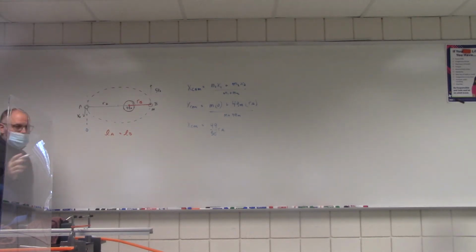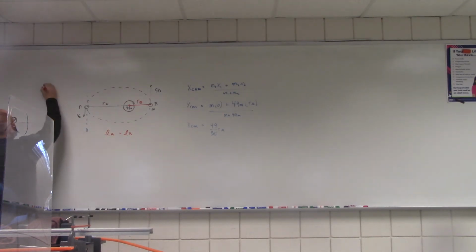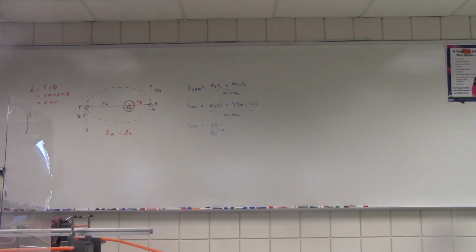Angular momentum, you can find it a couple different ways. You can do r cross p, which is r m v sine theta, which in this case is just r m v. Or you could use angular momentum as I omega. Planets are point masses, so I is m r squared, and omega is v over r.